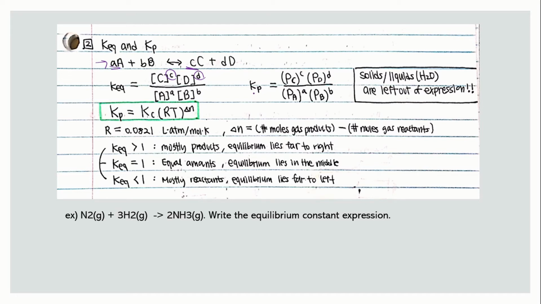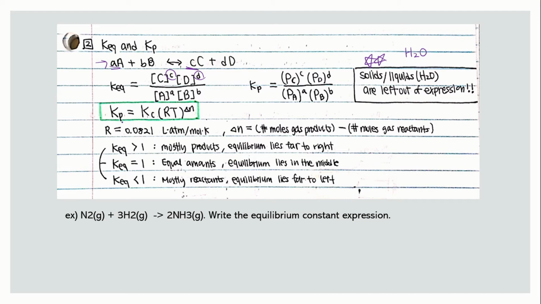The pressure equilibrium constant is written in the same way, but it is for the partial pressure of each species. And this is very important: solids and liquids like H2O are left out of the expression. So even though you have, for example, H2O in the equation, you have to ignore it and not include it in your equilibrium constant expression.